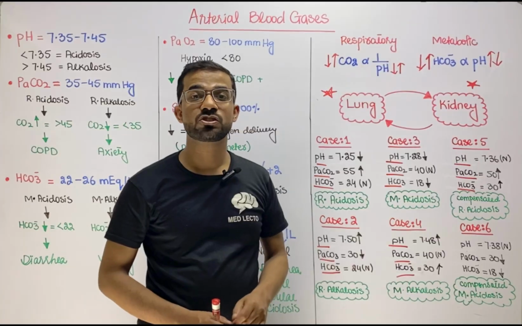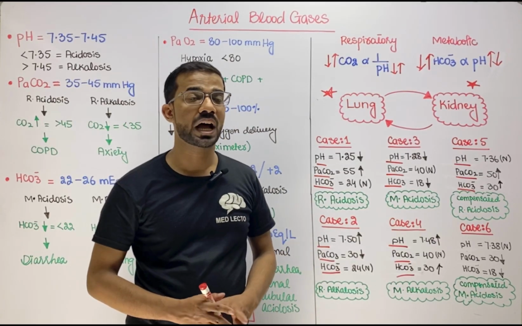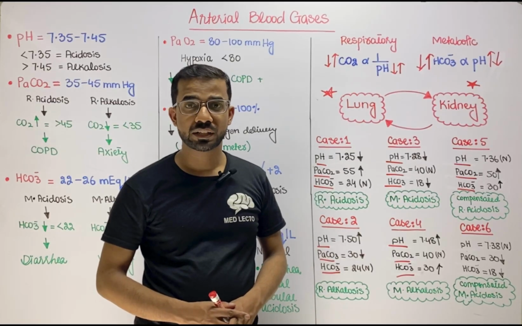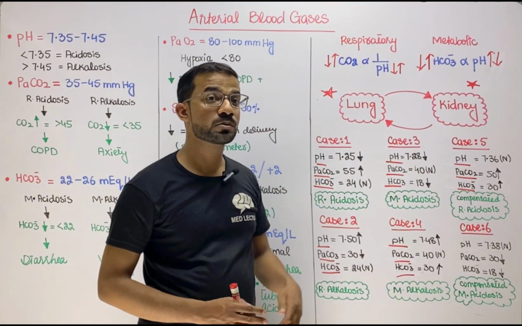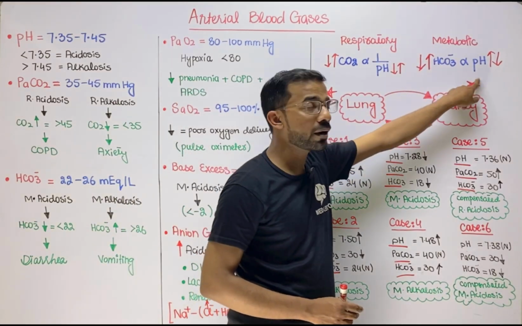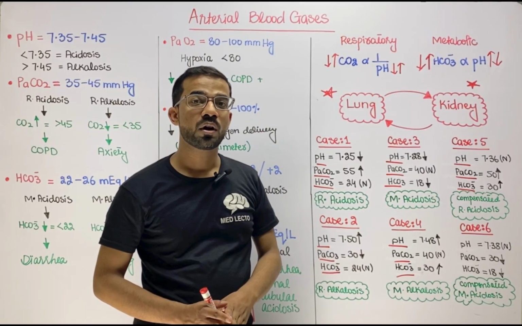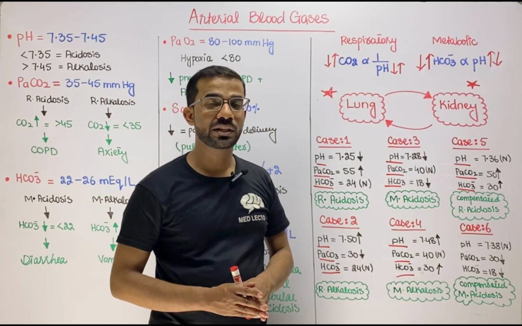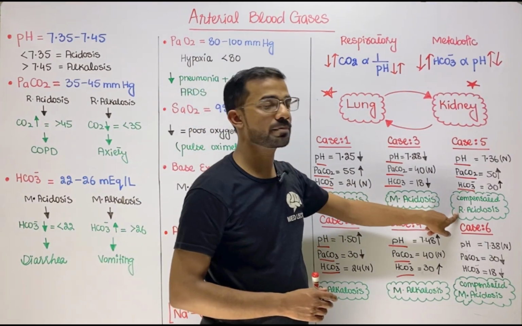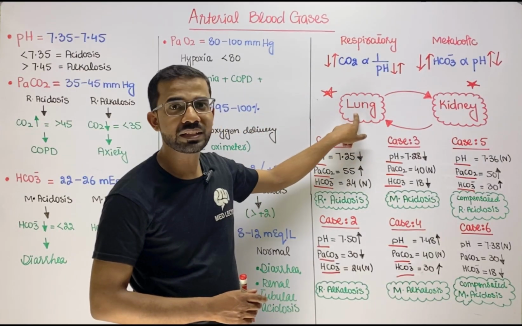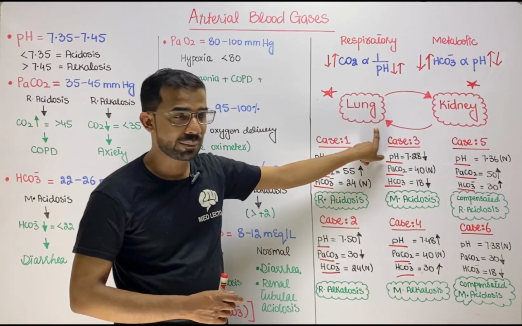Because the kidney is just trying to compensate for the high concentration of carbon dioxide, because high concentration of carbon dioxide causes respiratory acidosis. So the kidney produces more bicarbonate ions, more bicarbonate ions means higher pH, and higher pH will try to increase the low pH, and it will try to normalize the pH. So this will be compensated respiratory acidosis. There is a problem in the lungs, but your kidney is trying to adjust the pH of the blood.